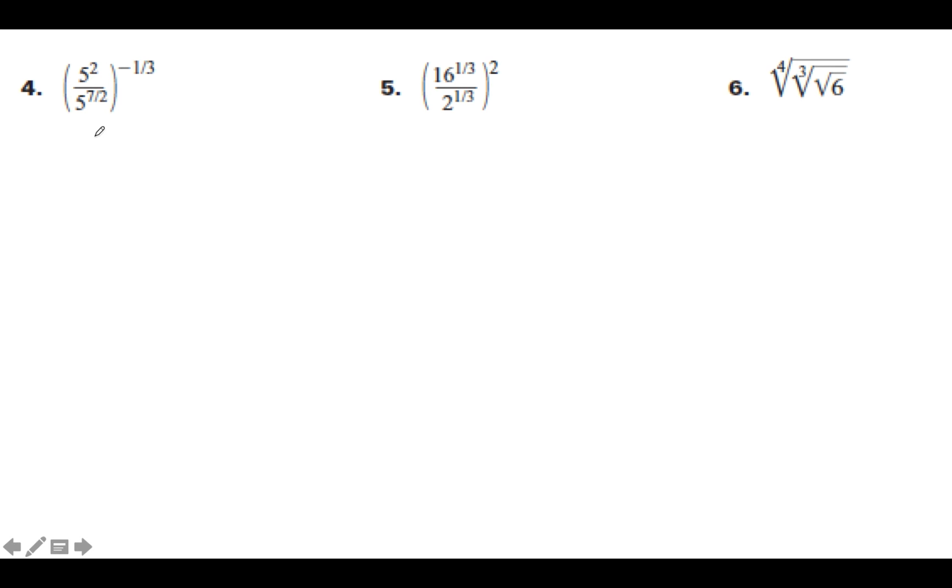First thing we're going to do is subtract these exponents in here. This becomes 5 to the 4/2 divided by 5 to the 7/2 raised to the -1/3 power. So this is 1 over 5 to the 3/2 to the -1/3 power.